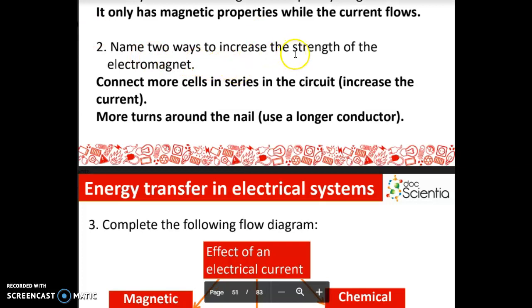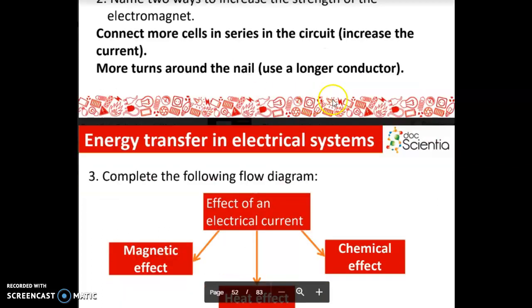Name 2 ways to increase the strength of the electromagnet. 1, you can connect more cells in series to make it stronger, or you can put more turns around the nail, so use a longer conductor.